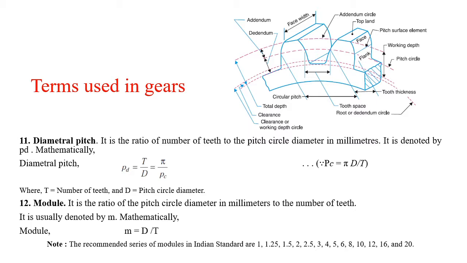If you put the value of PC is equal to pi D by T, you will get this relation PD is equal to pi by PC.